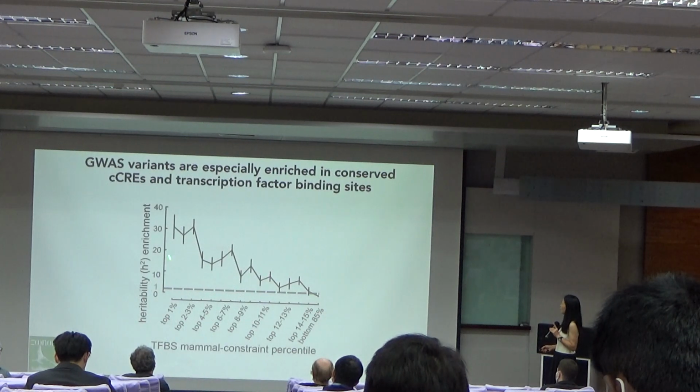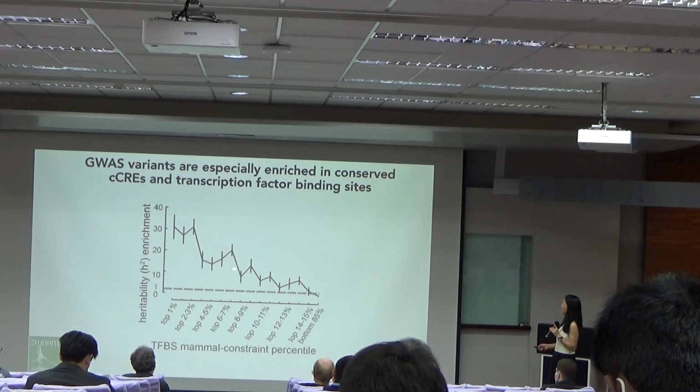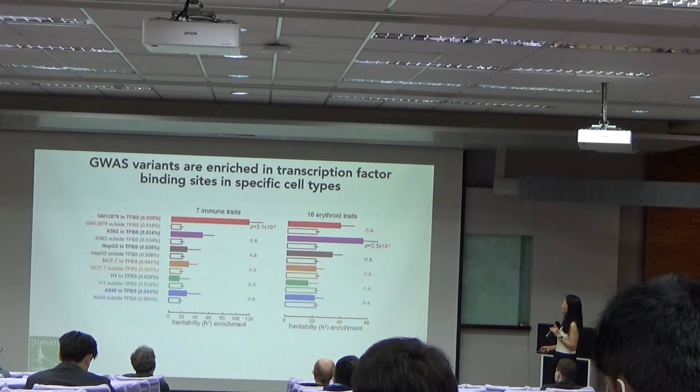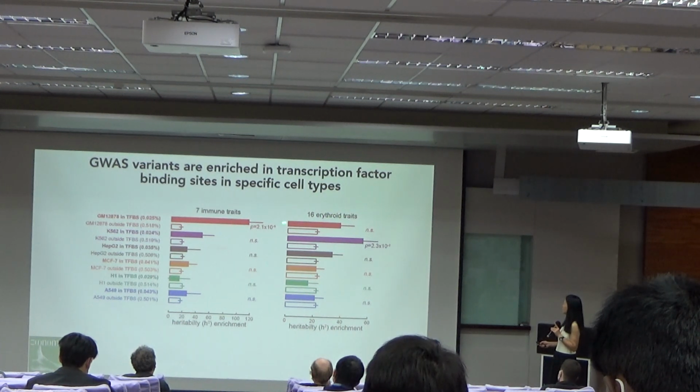We can slice and dice our transcription factors by conservation, and if you go down in conservation percentile, you can see that most of the signal comes from the conserved portions. Without going into detail, here is a plot that shows the cell type specificity of the traits. For the immune traits, immune cell transcription factor binding sites have the most enrichment, and for red blood cell traits, K562, the erythroid cell line, explains the most.